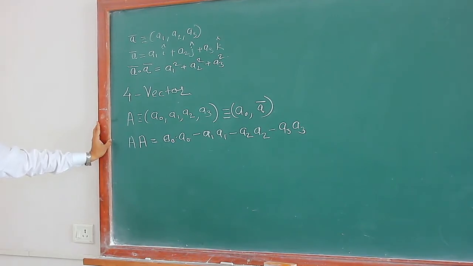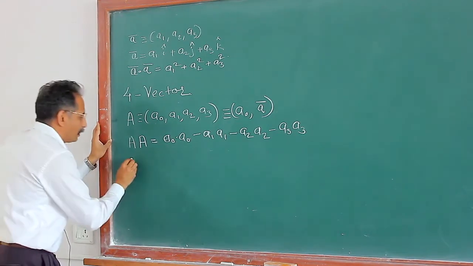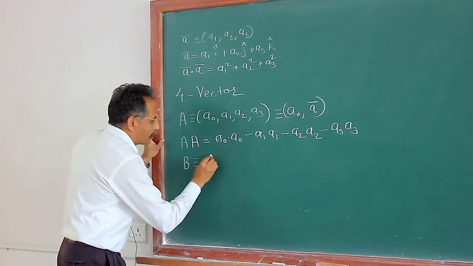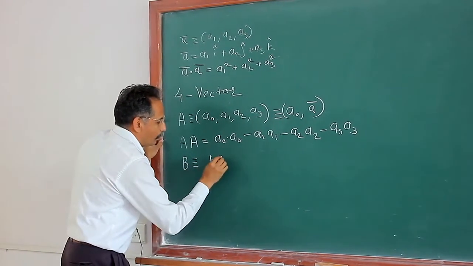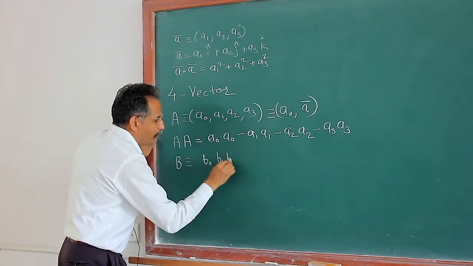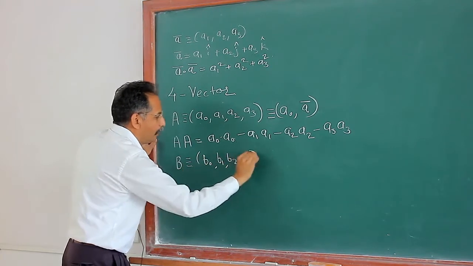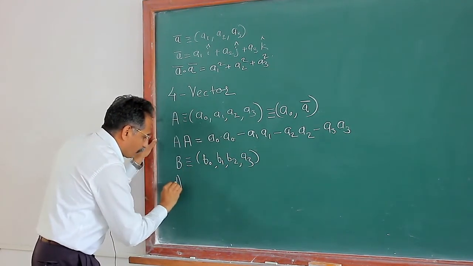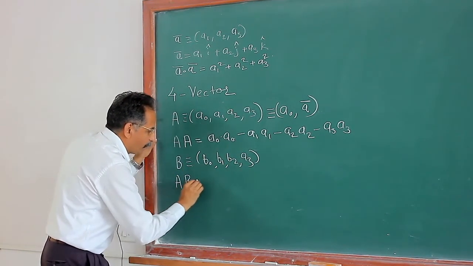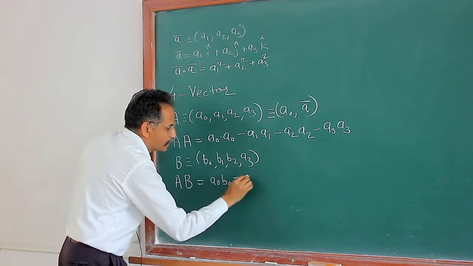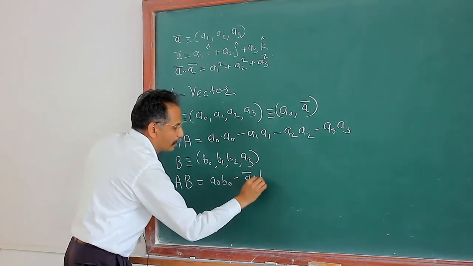We can call this the inner product of A with A. If we have another vector B having elements B0, B1, B2, B3, then we can have product of A and B as A0 B0 minus A bar dot B bar.